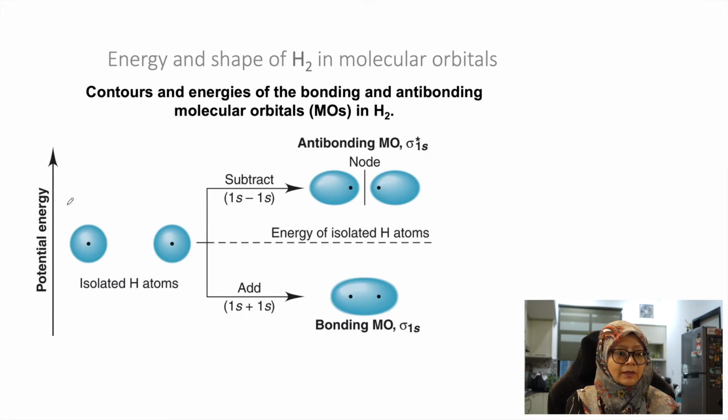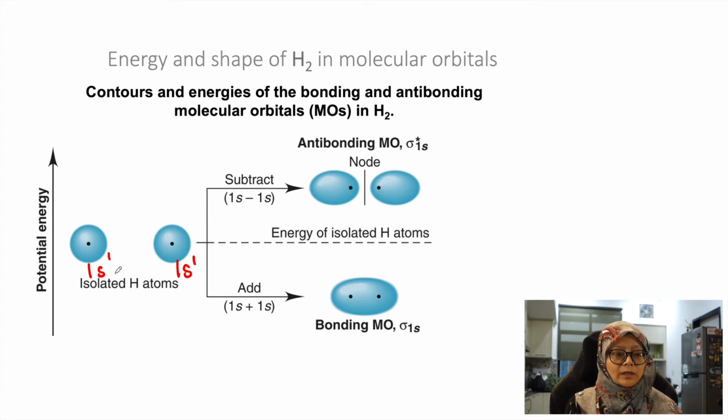This is 1s1, and the other one is also 1s1. In order to form the molecular orbitals for hydrogen, we need to add the two hydrogen atomic orbitals, and second, we need to subtract them in order to form the anti-bonding.